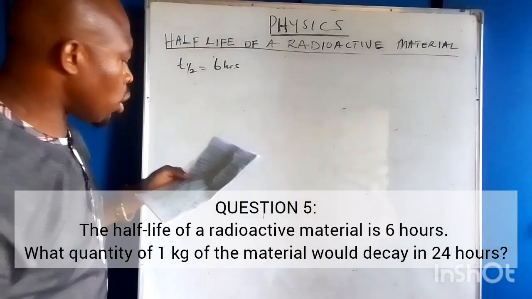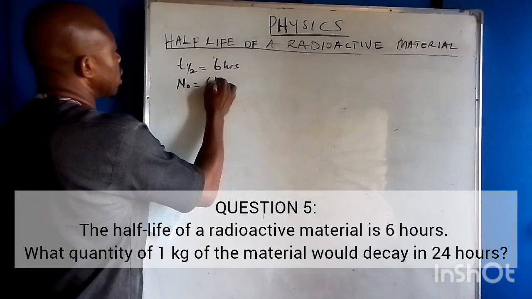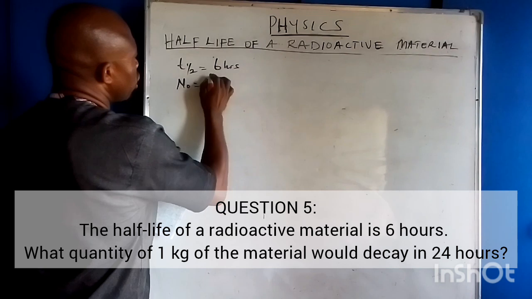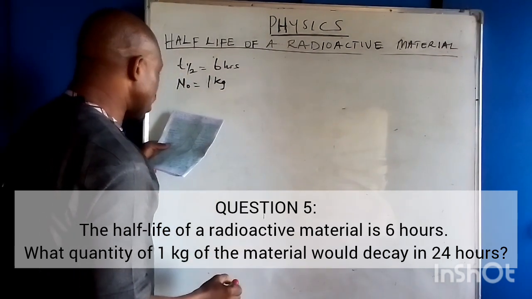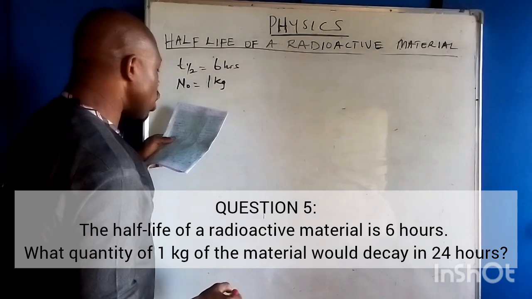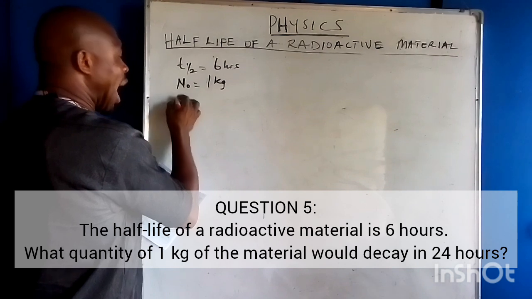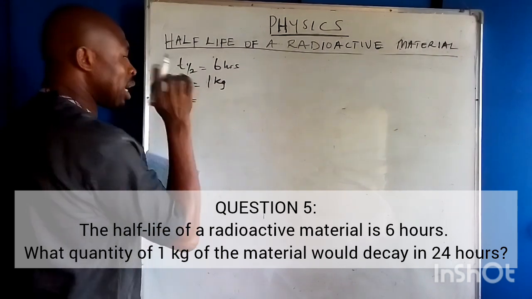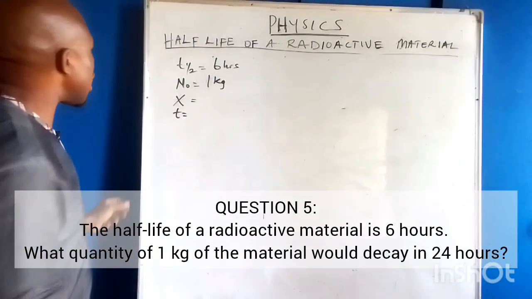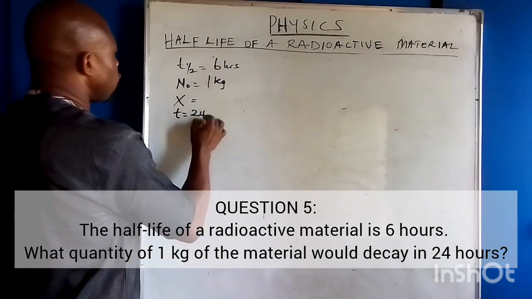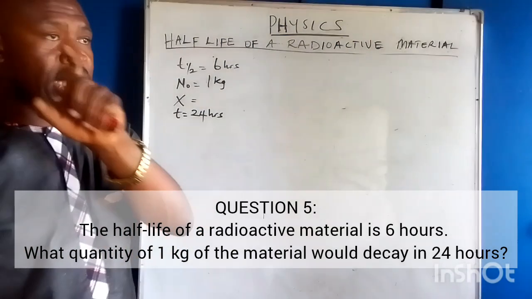The original number is 1 kg. They said what quantity of the material would decay? The transmutation time there is 24 hours.